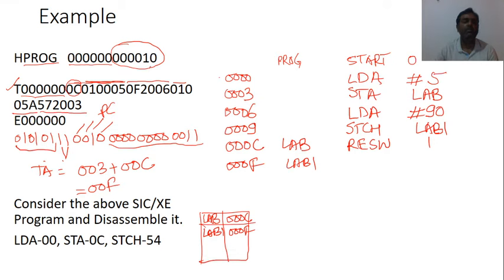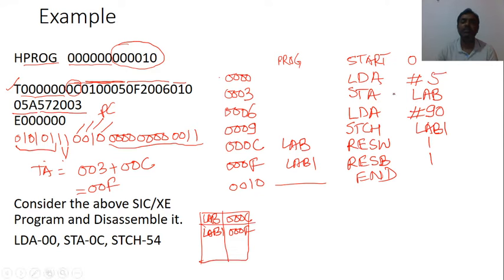Now the size of the program is 10. How do you get the size of the program as 10? If I reserve only 1 byte here, then our next address will be 0010. With the corresponding 0010 end statement, the size of the program will be 0010 minus 1000, that becomes 0010. So you can see the instruction is reserve byte 1, because I am reserving 1 byte, and only then I get this address 0010.